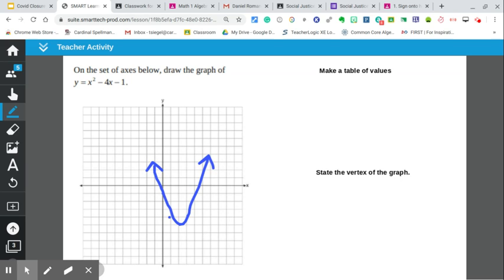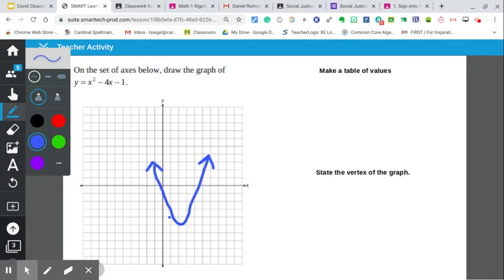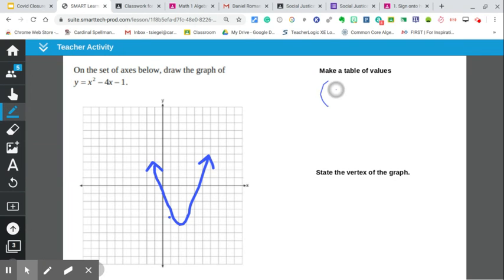Okay, but you also have to write your table. And your table of values could just be the points. The points were 0, -1. All right, 1, -4. 2, -5.